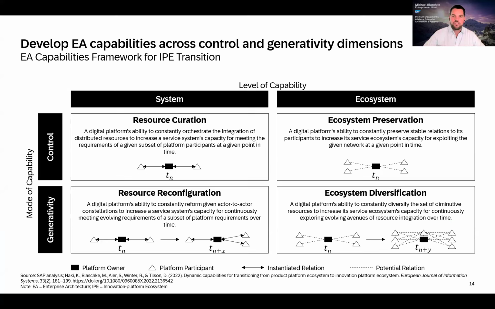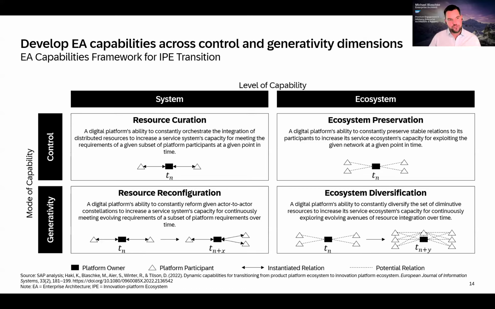So successfully transitioning to innovation platform ecosystems requires enterprise architecture. Specifically, it requires 4 complementary capabilities that balance 2 things. That balance, on the one hand, operational control. That's why there is the control dimension, but also ecosystem flexibility, that is generativity.